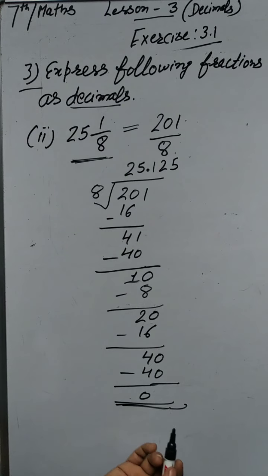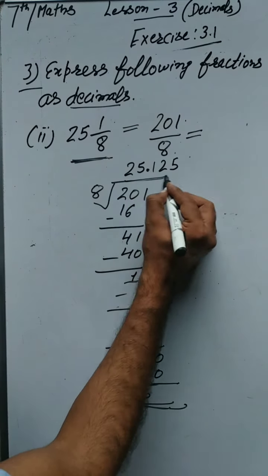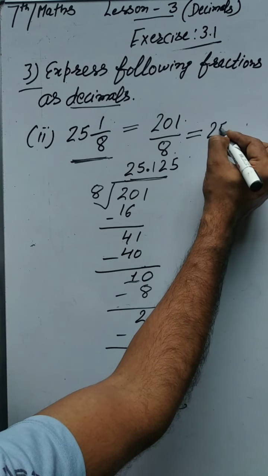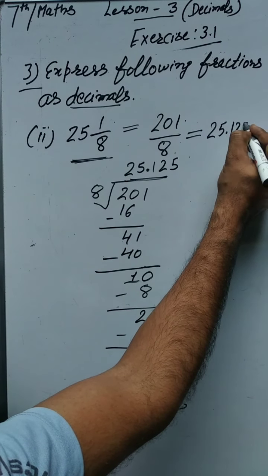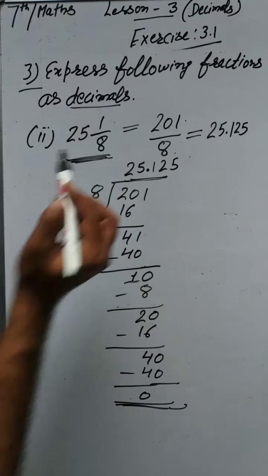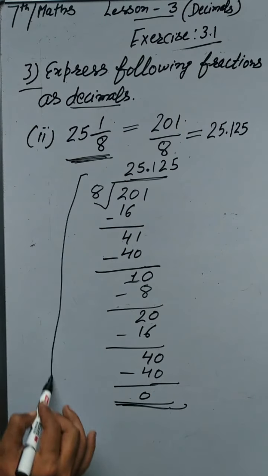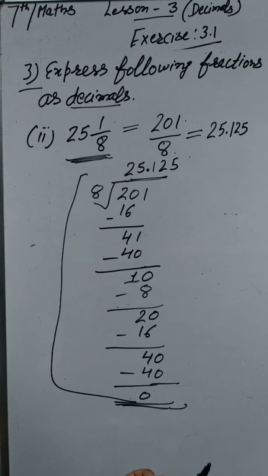And your remainder is now 0. So its decimal form is beta, we will get 25.125. Understood? Clear? In that way you can change a mixed fraction into decimal form. Very easy. I know you can easily divide the number. No problem will be there. Understood beta? Clear?